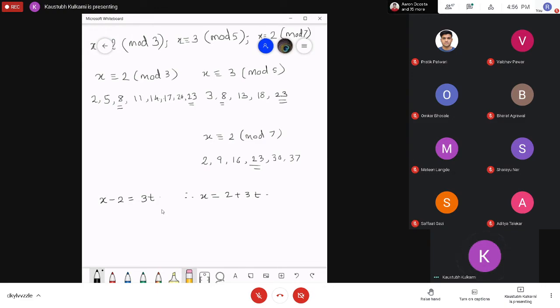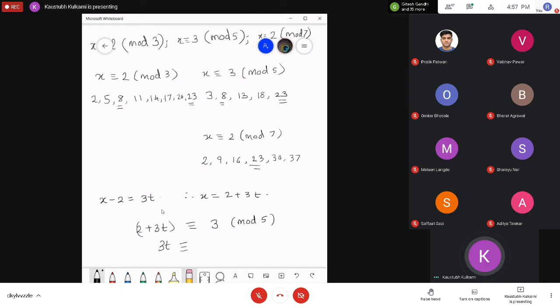Now if I substitute x equals 2 plus 3t here, 2 plus 3t is congruent to 3 mod 5. So what can we do? We can subtract 2 from both sides.